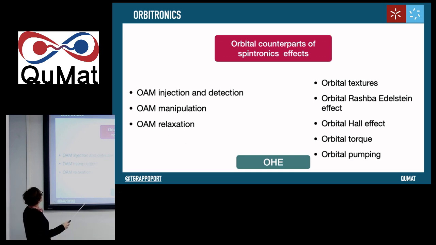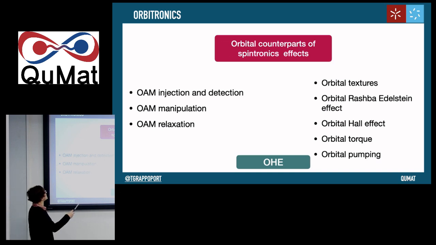Okay, so like in spintronics, and at the beginning of spintronics, we will always see this kind of slide. We have non-equilibrium phenomena where you need to inject and detect orbital angular momentum. We need to manipulate and we need to analyze, for example, what happens with this orbital current inside the material. So it's orbital relaxation.